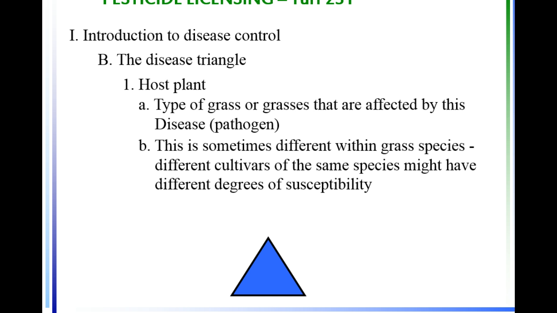Okay, the other thing, well, let's just finish talking about the host plant, sorry, is that there are going to be some cultivars of species that you're working with that are resistant to this disease. So that's what you would like to do, so you don't have to put out any fungicides.